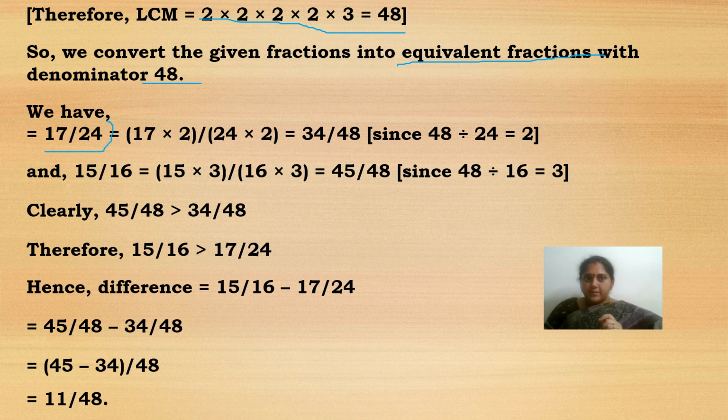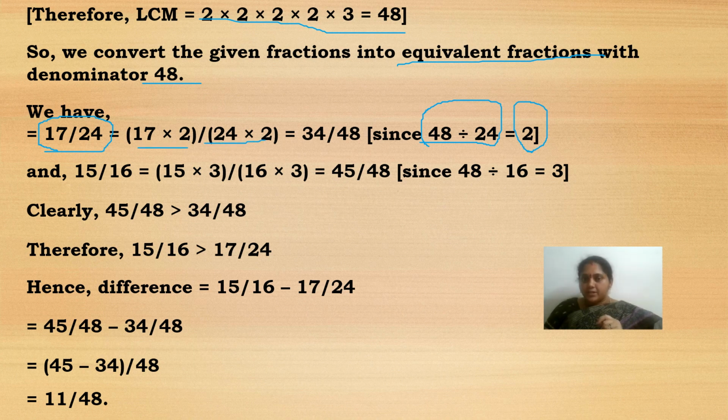Our fraction 17 by 24 is there, no? We have to convert that denominator 24 to 48. How do we do that? First, 48 should be divided by 24. So, we will get our answer as 2. Now, the fraction's numerator and denominator should be multiplied with the number 2. That is 17 into 2, 24 into 2.